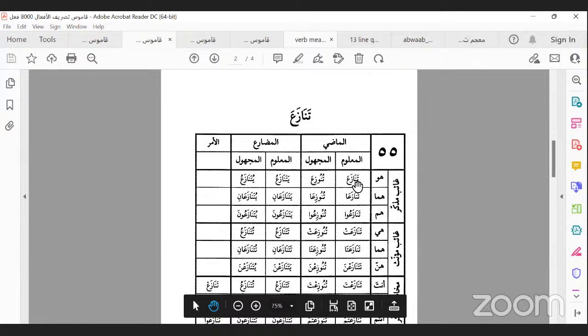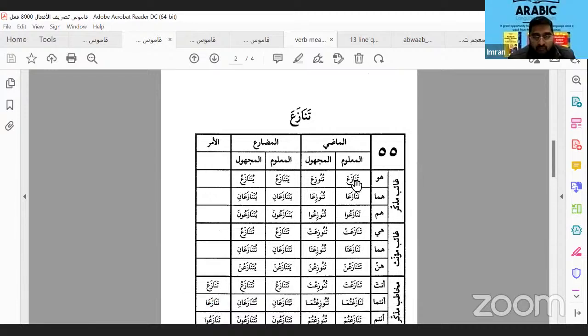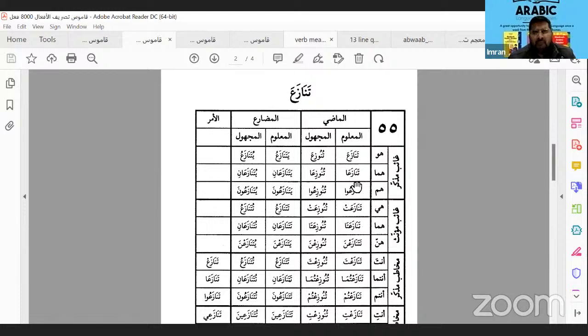Tanaza'a. Here, naza'a is the root word. The ta and the alif are the additional letters. So tanaza'a comes in the meaning of mutual correspondence between two individuals. Like in the 4th juz, لن تنالوا البر حتى تنفقوا مما تحبون.